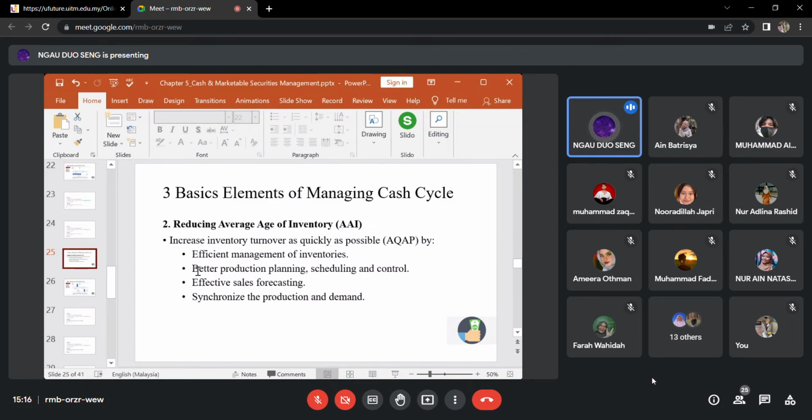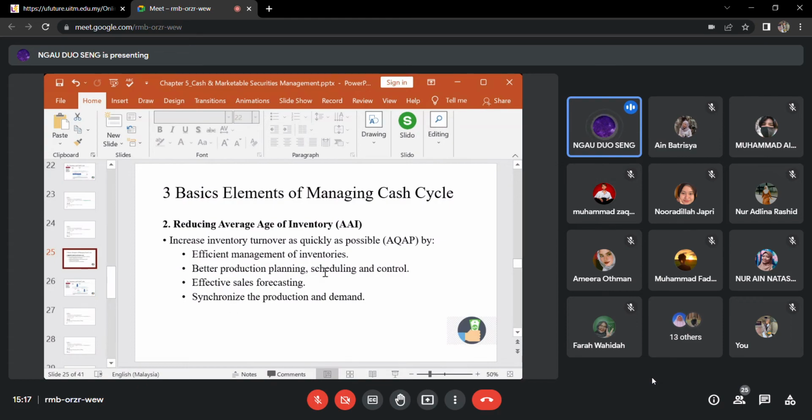That one is not good in managing your inventory. So effective sales forecasting, right? This one is about sales. You want to sell it. If not, if you have finished the goods but cannot sell them, that is no good. Synchronize the production and demand. So you have demand, then only you produce. This is better.